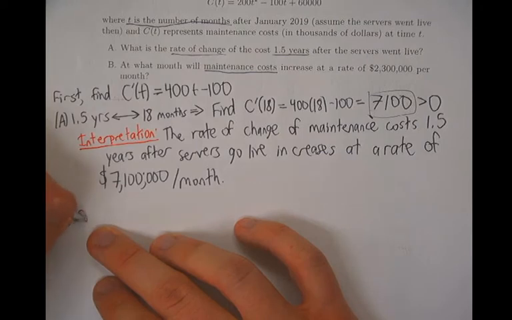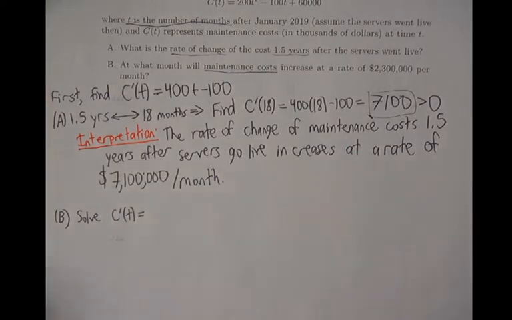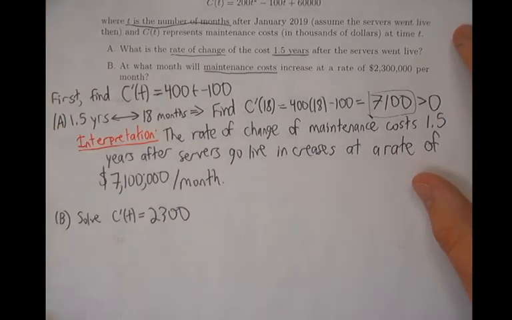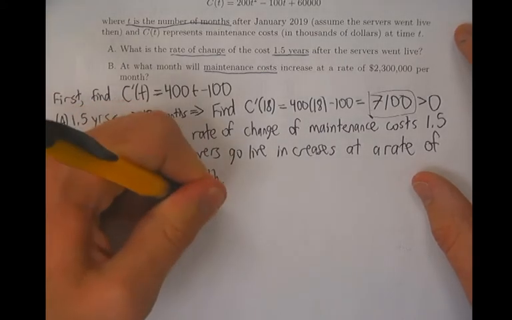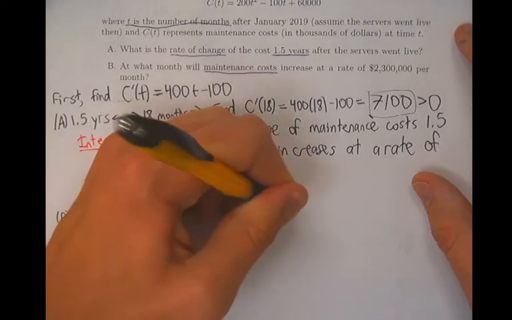So that means we need to take our derivative function, c prime of t, and set it equal to what? 2300. Yep, 2300, right? So that's going to be our equation we need to solve here. So we have 400t minus 100 equals 2300.